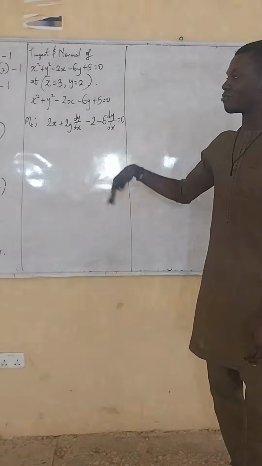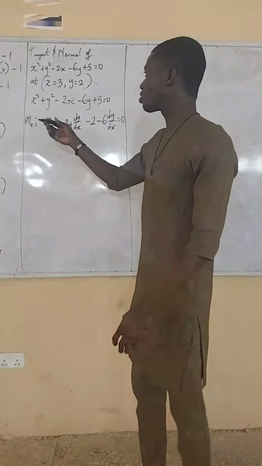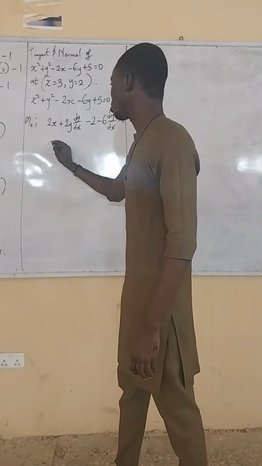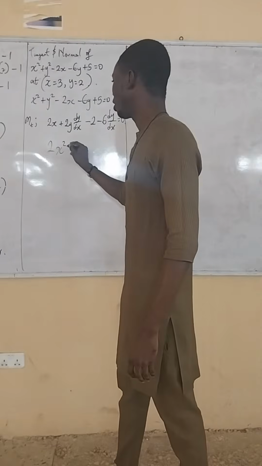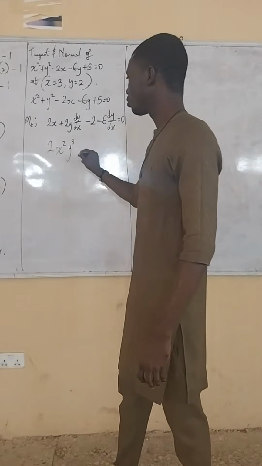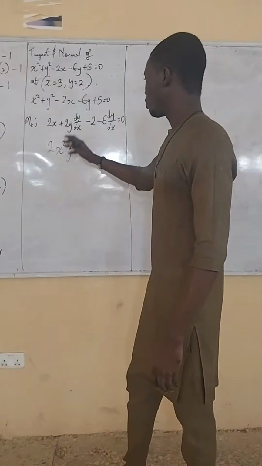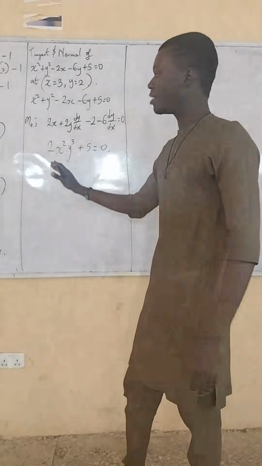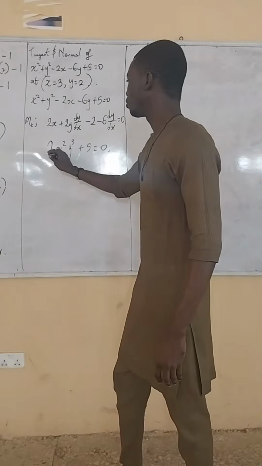Now this one is quite simple because in some cases you might have, let me show you this one, 2x squared y cubed, maybe plus 5 equals 0. Let me just divert to explain this.